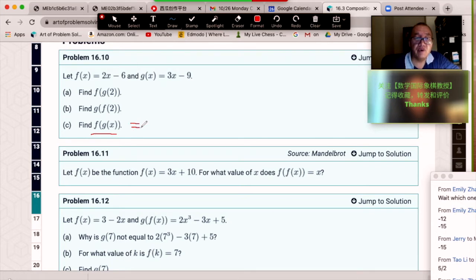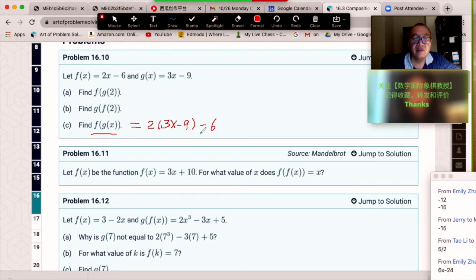Now, see this one, you need to do 2 times, here, use 3x minus 9 to replace this x, then minus 6. Then you simplify this, you expand it, you got 6x minus 18, then minus 6.